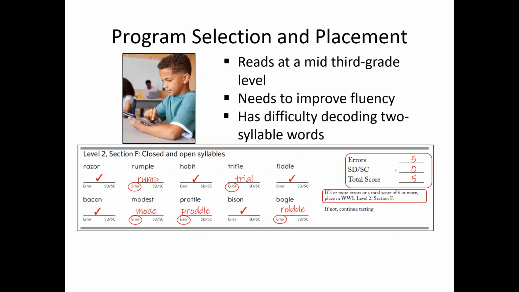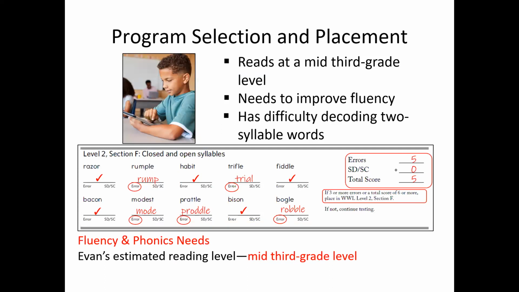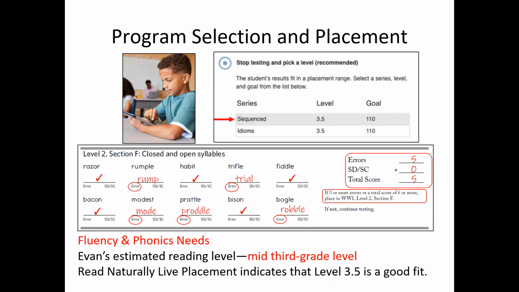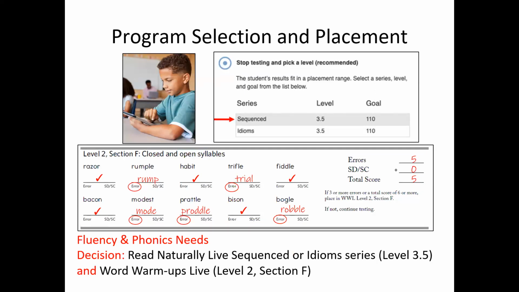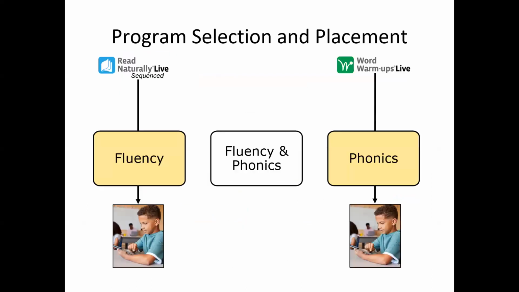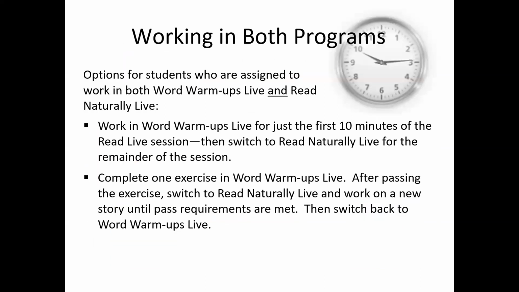So Evan will work in level 2, section F, as well as 3.5 of Read Naturally Live. All right. So oftentimes we can have students work in both when they're younger. As they get a little older, it's much more likely if they have both phonics and fluency needs that they will need both programs. And when that happens, there's a couple different ways you can handle it.